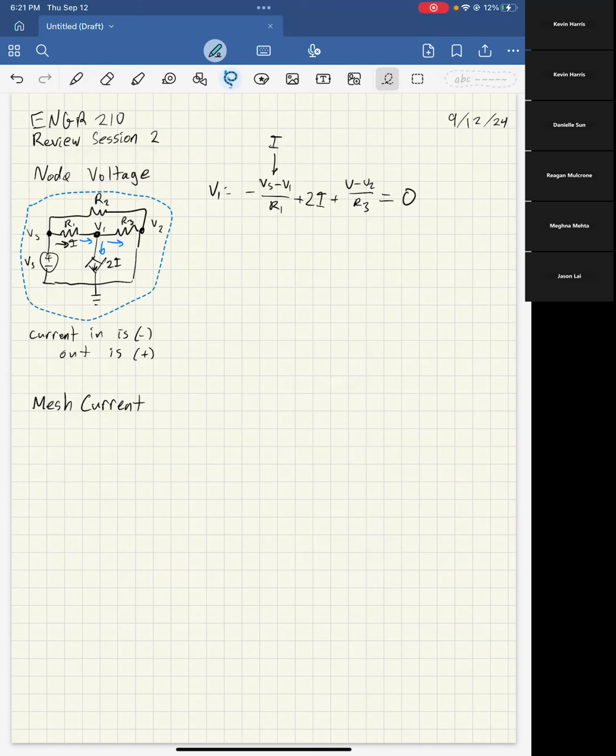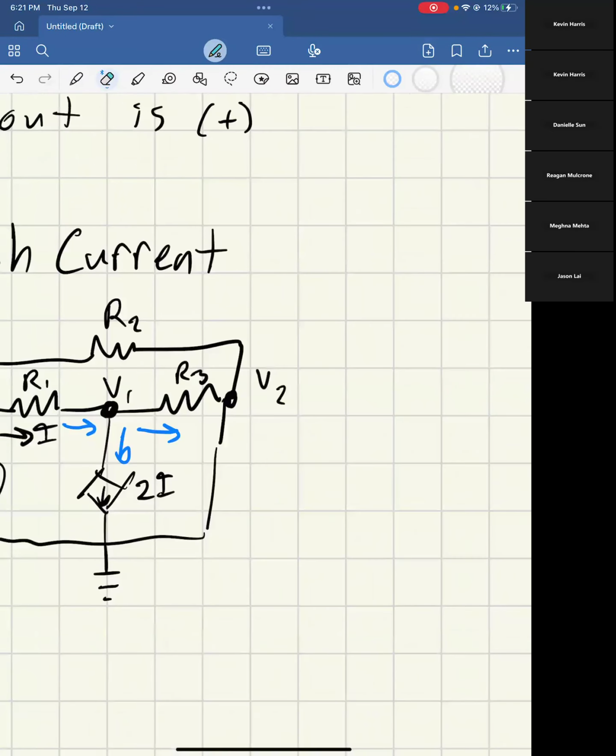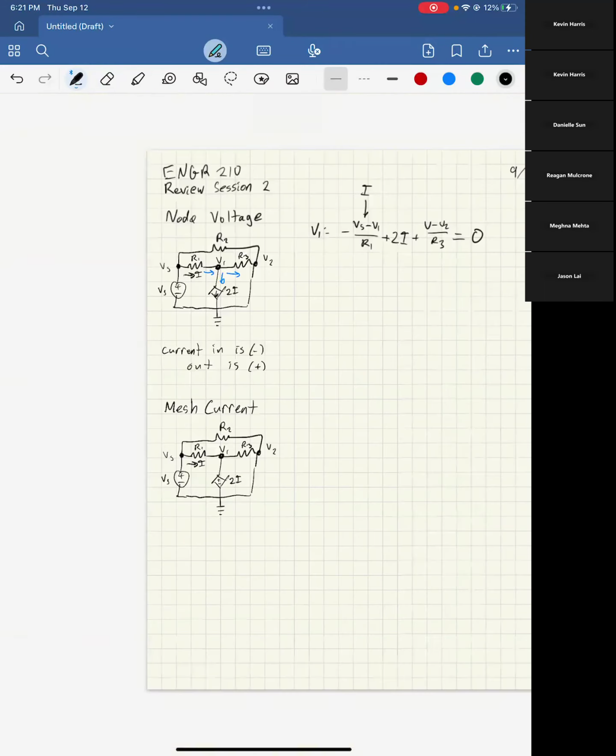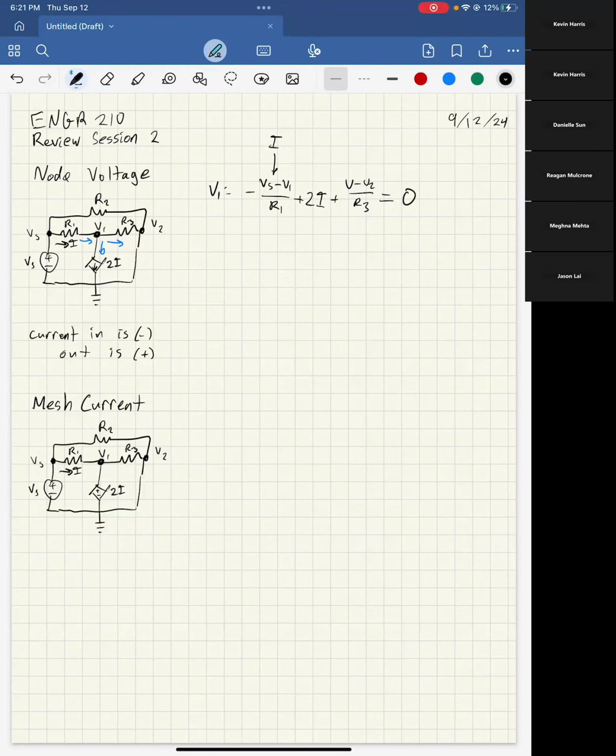So for mesh current, instead of using the nodes, we are going to use what we call meshes. I'm going to change this a bit to make this a voltage source, because that will make the circuit make a bit more sense. Generally, if you're working on a circuit that has a bunch of currents, you want to do node voltage, because each of these terms has the unit of amps.